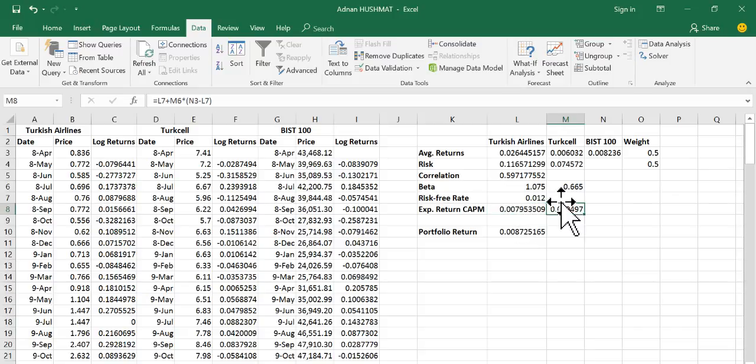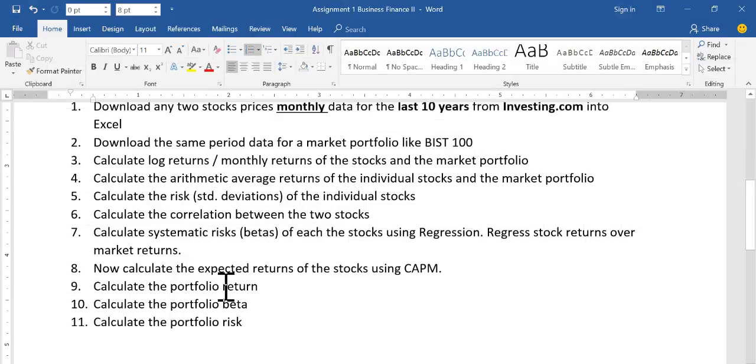If you invest all of your money in Turkcell, you are expecting 0.0094. And if you combine them, you are expecting 0.0087. So in percentage, 0.87%, here 0.79%, and here 0.94%.